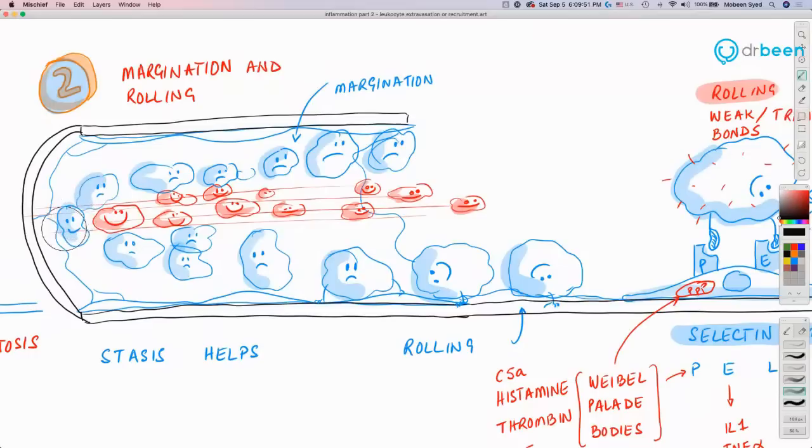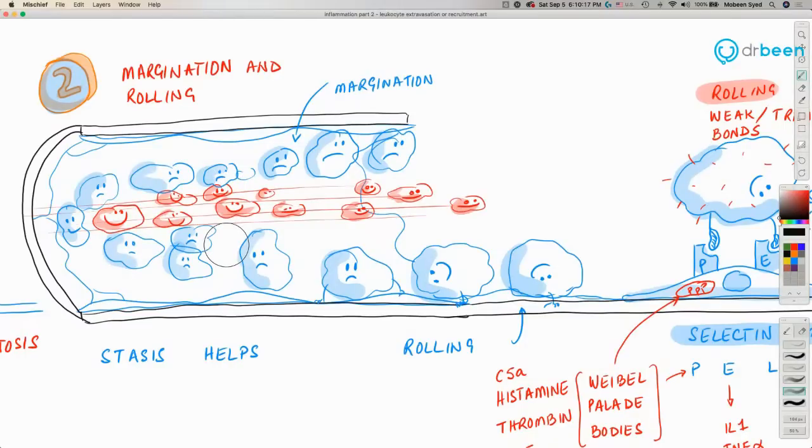Same is the situation here. These blue ones, let's say they are leukocytes. The red ones are RBCs. What happens is that the area of infection causes the blood vessels to become permeable. And as the fluids come out of the blood vessel, the fluid inside the blood vessel becomes thick. So the hematocrit, we call it hematocrit.